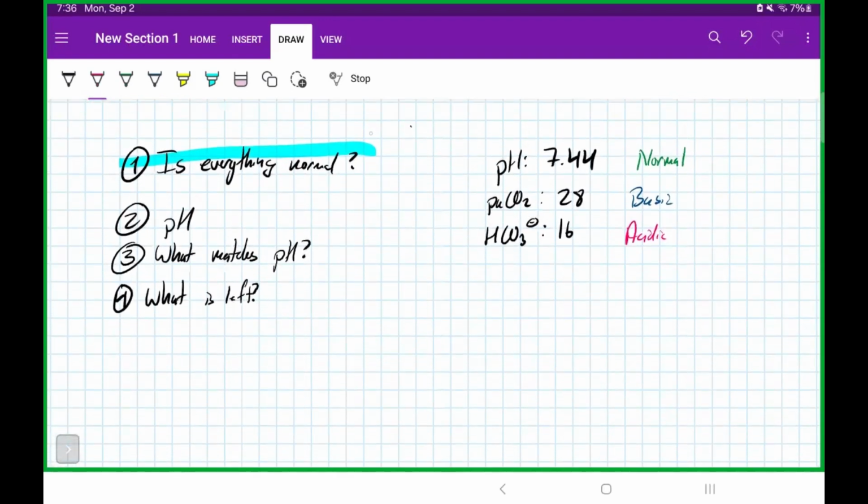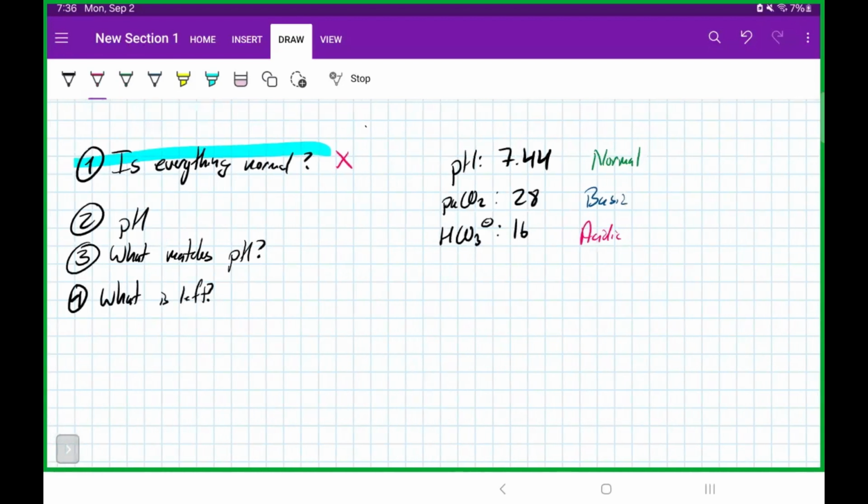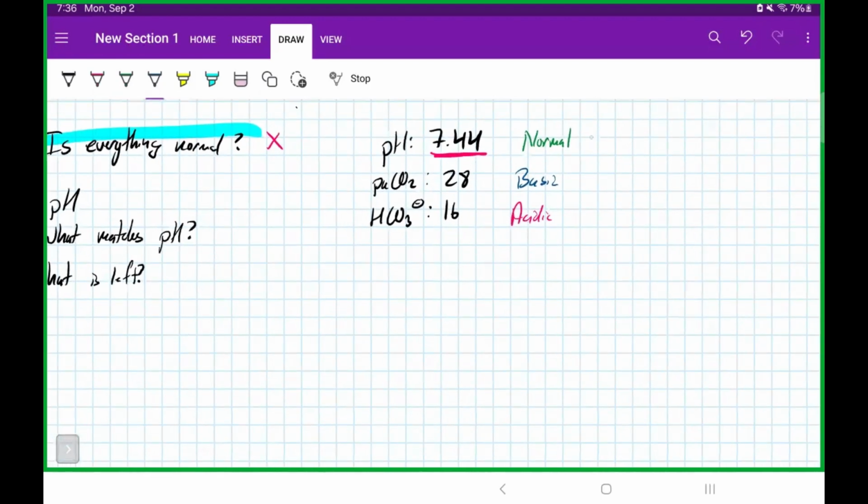So everything is not normal. pH is normal, the other two are not. So we need to do the same recognition that we did last time to note that 7.44 is very, very close to the high end of our normal pH range, which means that this is going to be nearly basic.